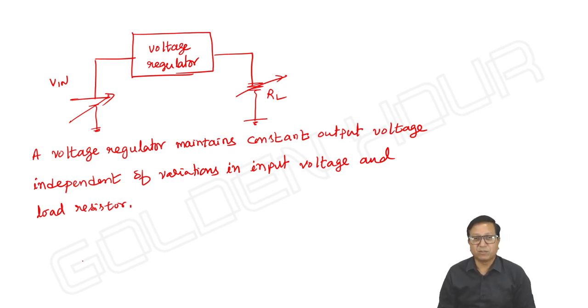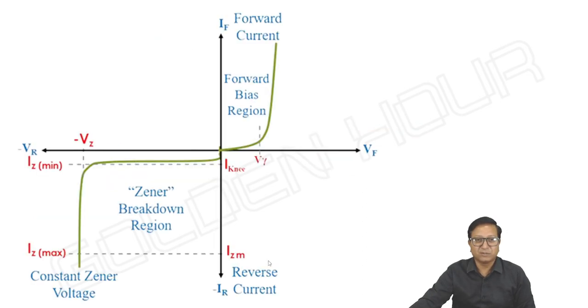How is it possible? We have to see. And how does the circuit appear? Actually, such action is possible with Zener diode.